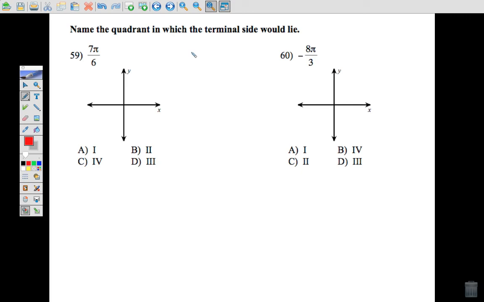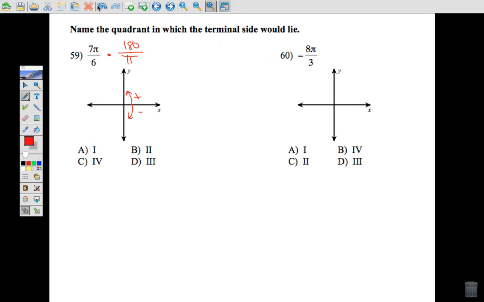On these, hopefully you remember, if you are doing a positive, you go this way, and negative goes this way. But I guess the most important part would be that you know you have to multiply that by 180 over pi to be able to decide how many degrees it is. You'll have to do that to both of them.